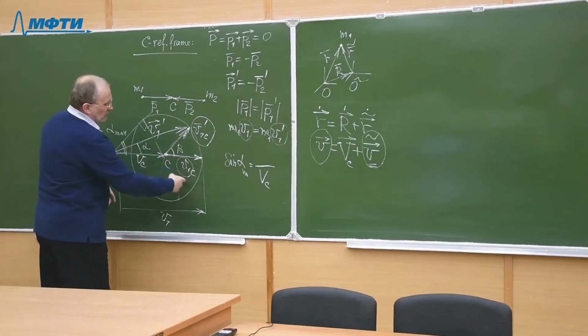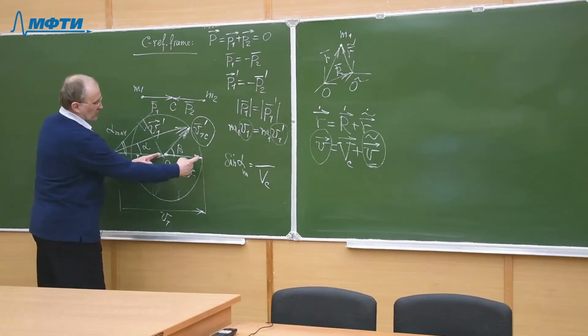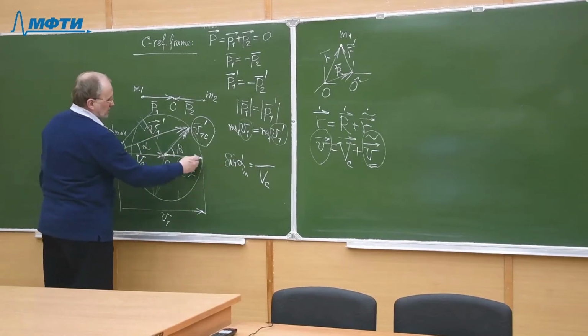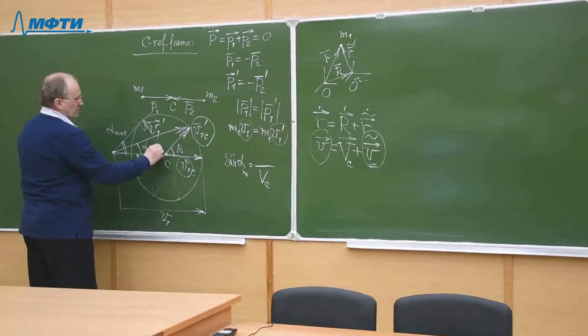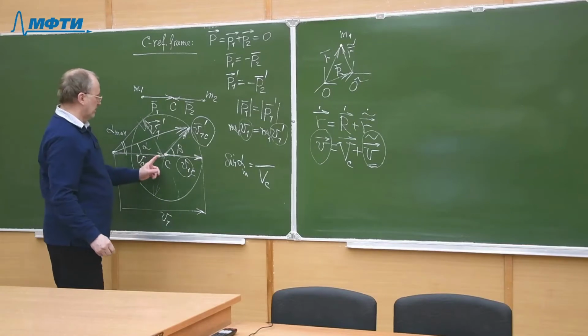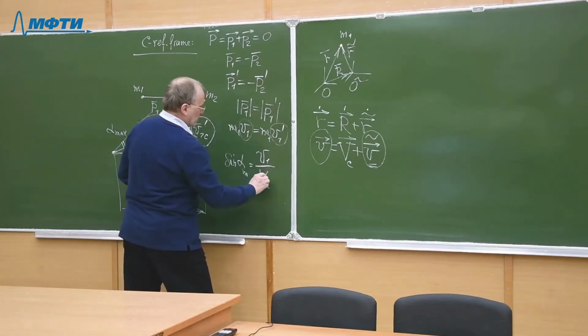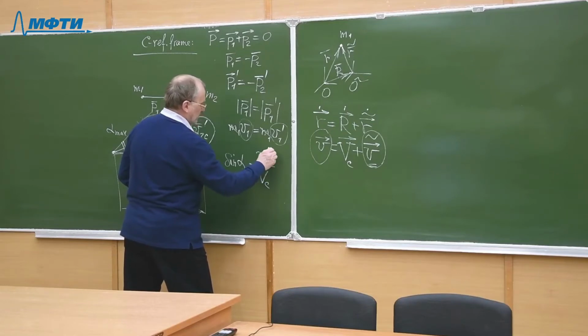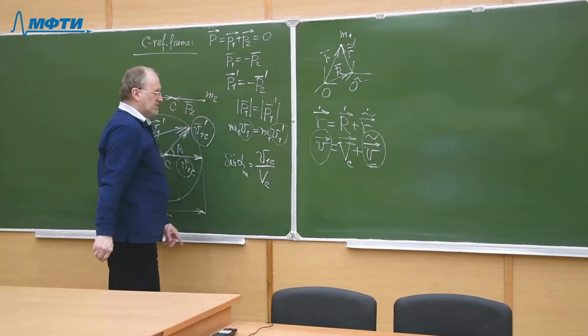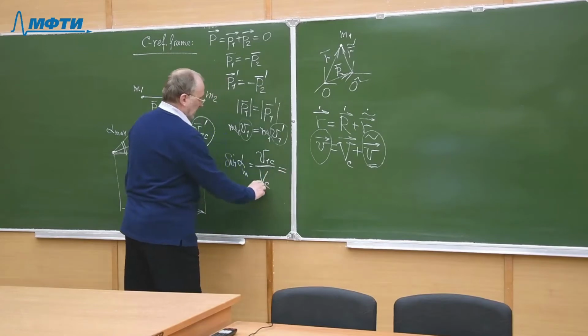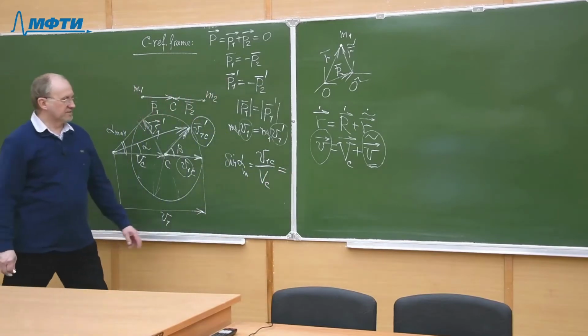But it's convenient to use this quantity because this is the radius of the circle, the same length as this radius. So in the numerator we will have the velocity of the first particle in the C reference frame, the magnitude of this vector, divided by the velocity of the center of mass.